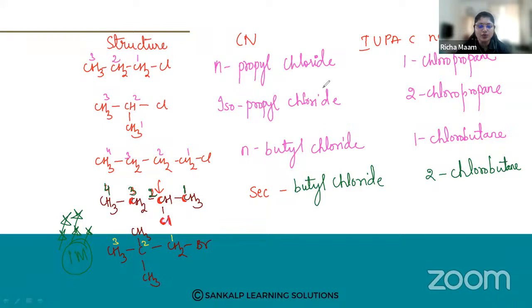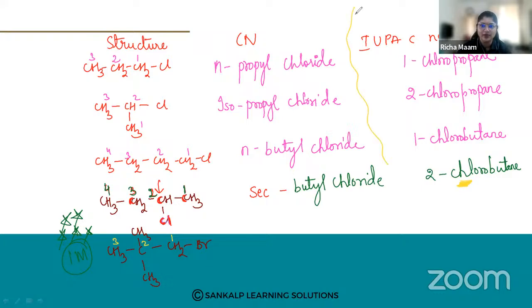2,2-dimethyl bromopropane. Okay. See here, whenever you're numbering in IUPAC, Yamuna has answered. Your answer is correct, but just make a small change in the IUPAC name.